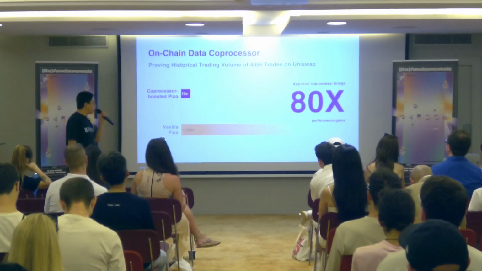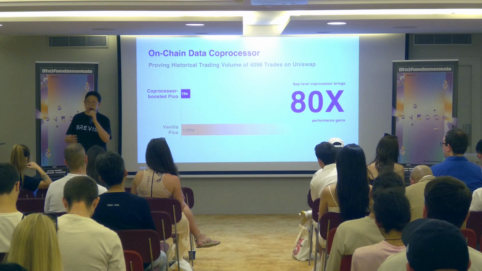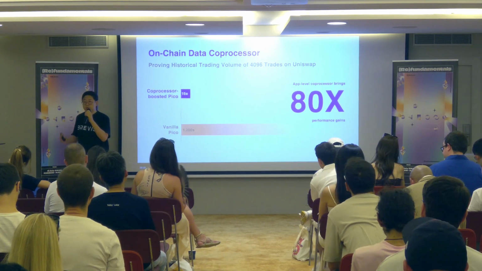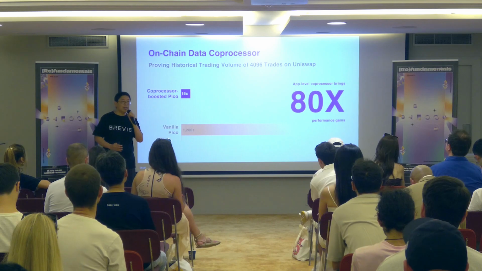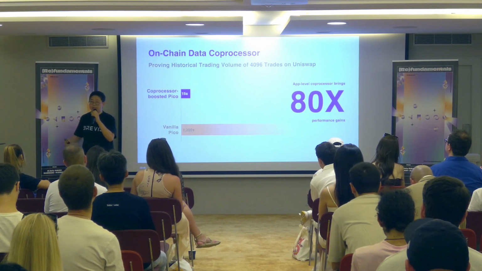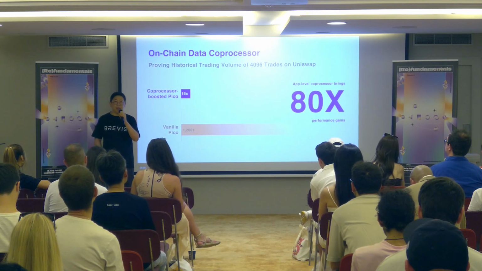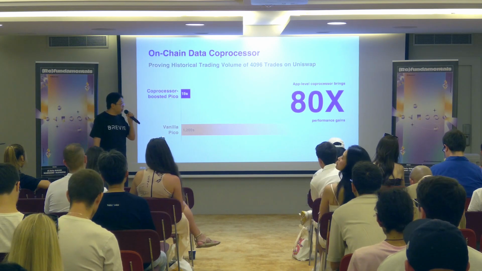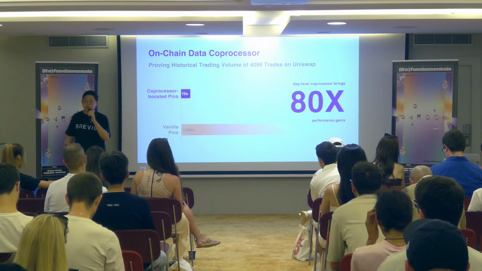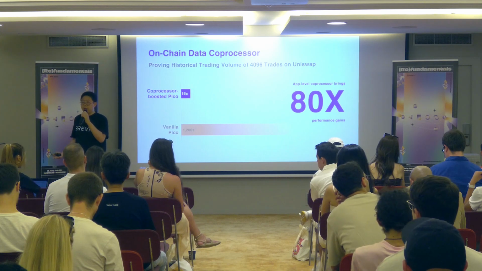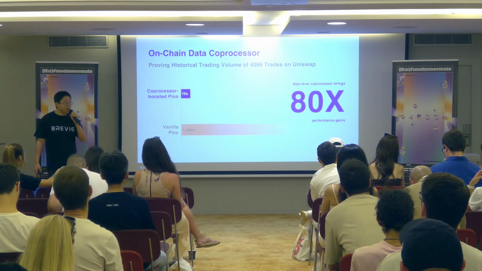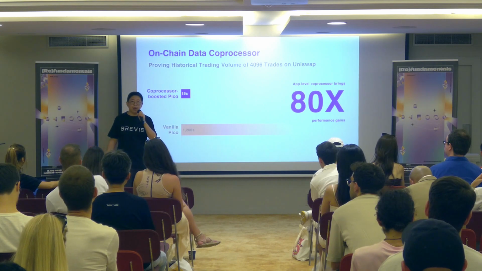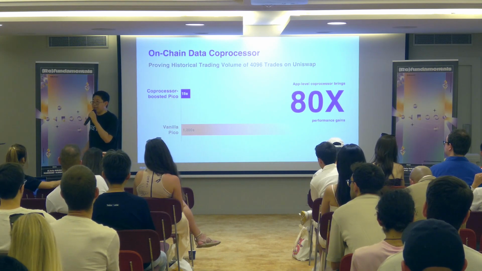What it allows you to do is generate extremely fast and efficient proofs of users' historical on-chain data and run arbitrary computation on top, like computing the user's trading volume in the past by aggregating each and every user's trading events. The result is really amazing, because using this application-level ZK coprocessor solution, you can achieve about 80 times faster proving speed compared to directly doing it on a vanilla ZK VM.